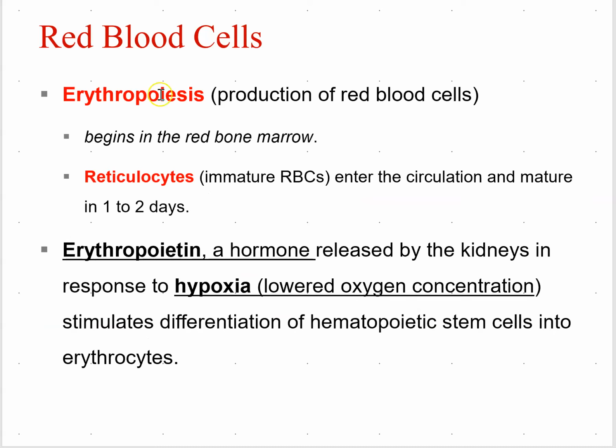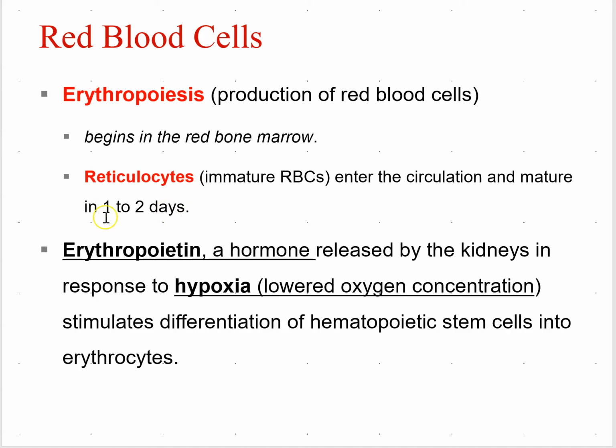Erythropoiesis is the production of red blood cells, and it begins in the bone marrow. When the red blood cells are immature, they're called reticulocytes. They enter the circulation and mature in about a day or two. As they grow, they lose all the cell organelles to accommodate hemoglobin.